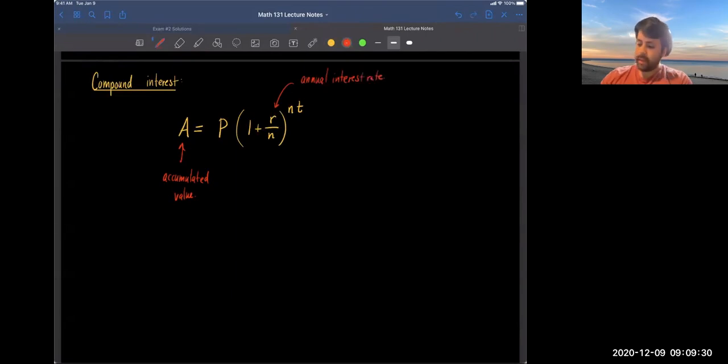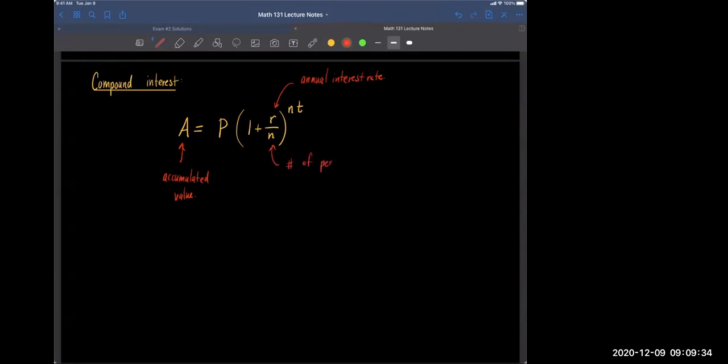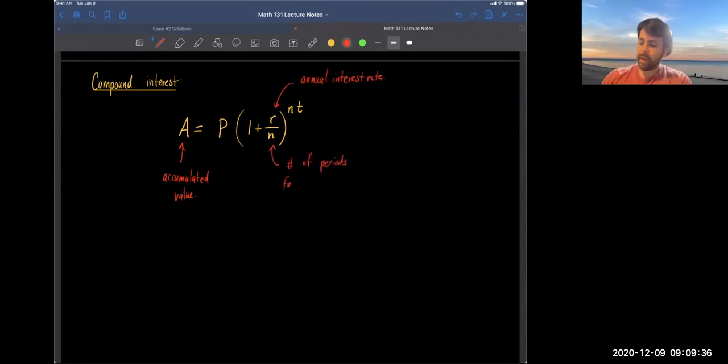And what is the n? N is the number of periods for compound interest in a year. And t represents the time of investment.